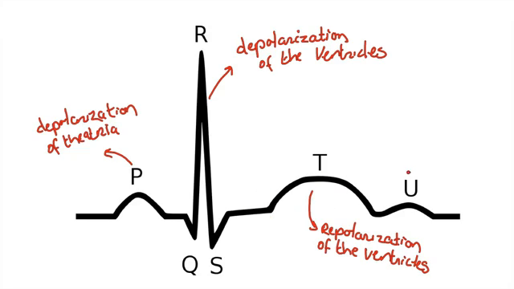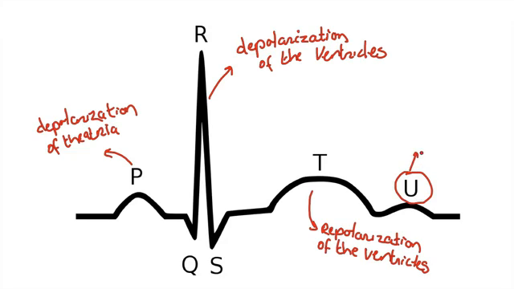Now, the U wave is one that you don't always see. It's sometimes hard to see, and in most cases you don't really see it, but in some cases you do see it, and in some cases it can tell you something about when things are going wrong with the heart. We're not going to go into all those details, but I included it here because it was shown in this picture that I found, and because it does show up sometimes.